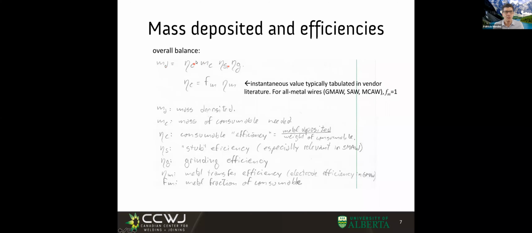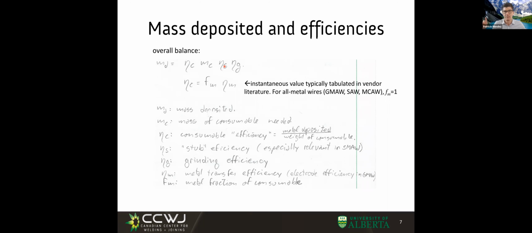So, number one, you have the efficiency of your consumable, right? Not everything in the consumable is going to go to the weld. We already discussed that, we know that. But in the overall balance, we have two more things. We have the stub efficiency.